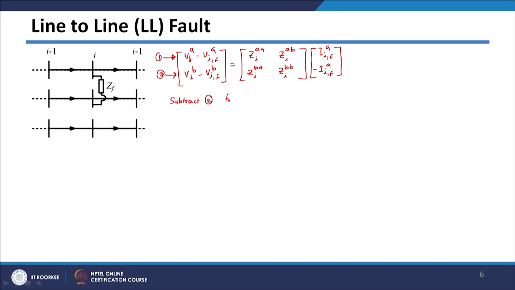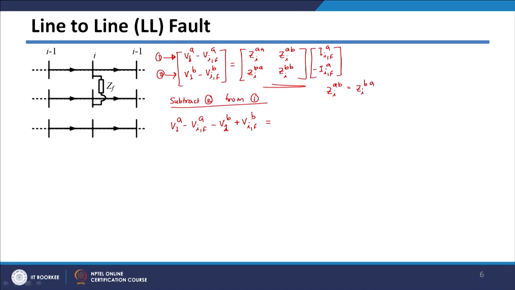If you do this, it will be V1A minus the post-fault voltage of A phase, minus V1B minus the post-fault voltage of B phase. It will be plus minus minus plus. It will be equal to, in this case if you observe this matrix, this is actually symmetric. So ZIAB will be equal to ZIBA.